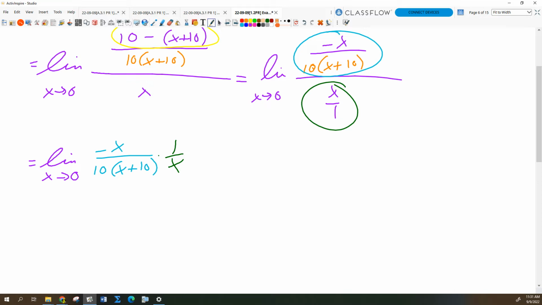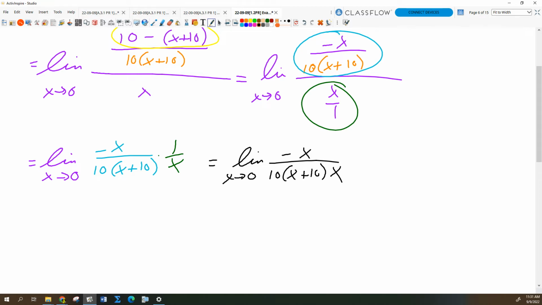Everybody agree? Okay. Which gives us the limit of negative x over 10 times x plus 10, times x. And now what can I do?